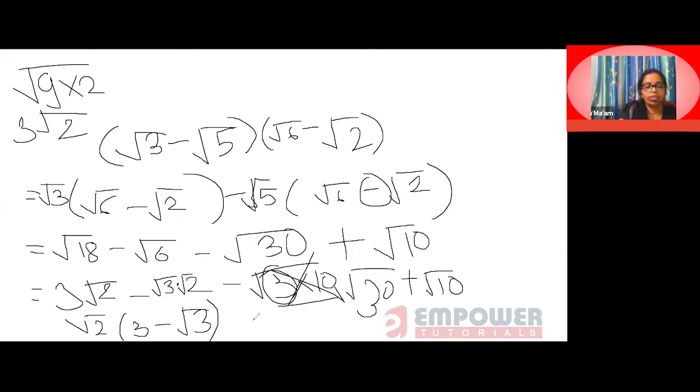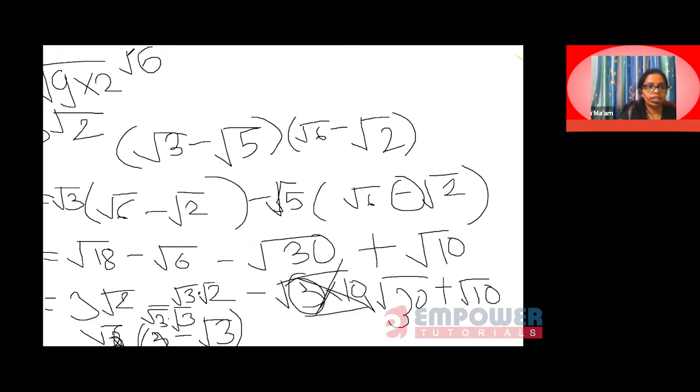Even I can take root 3 common between the two, because 3 I can write as root 3 into root 3. So you can take root 6 as common, and this will be 6 root 6 into bracket root 3 minus 1.